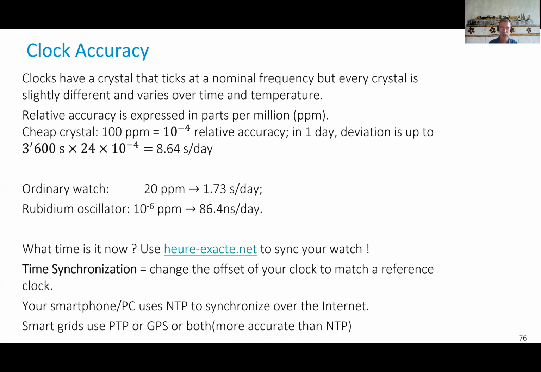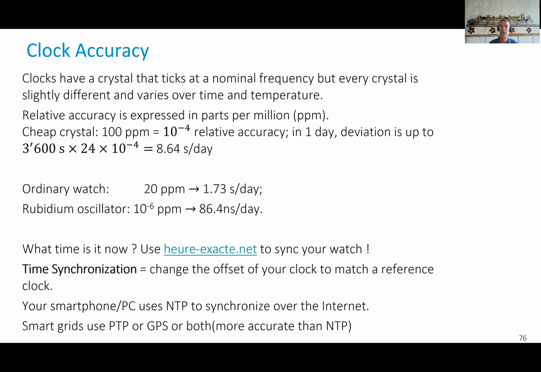You have seen some of them, the Allan variance, for example, but at a very superficial and simple level, we can say that the relative accuracy of a clock is the difference between the number of ticks of the clock over a long period of time relative to the number it should have done if it had been a perfect clock. For example, a clock that is at 1 gigahertz will tick 1 billion times during 1 second.